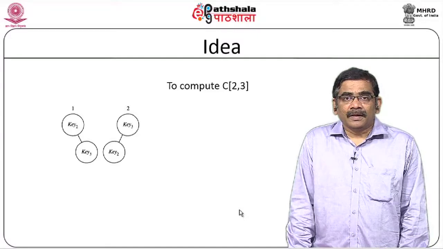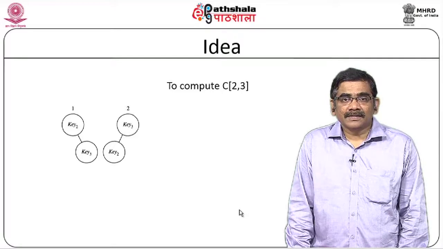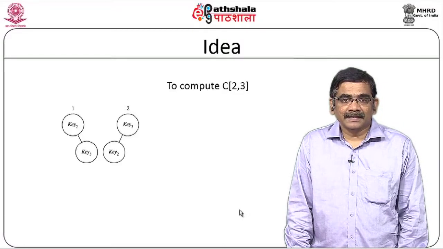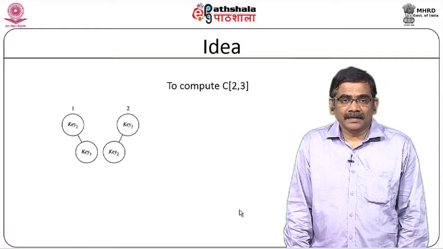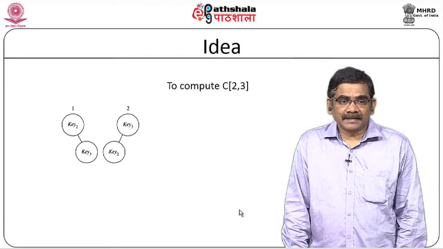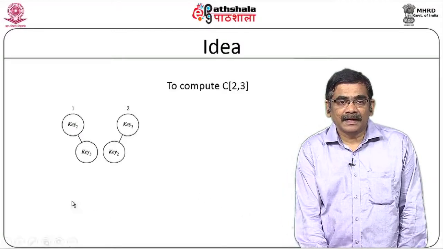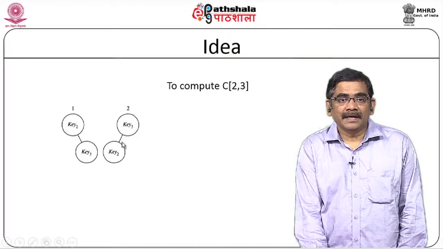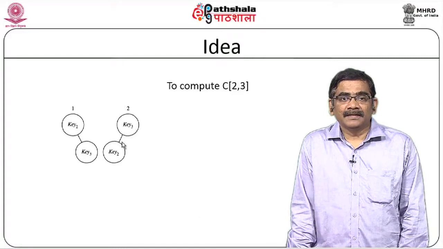Fine. Now, we will take one simple example of how to construct the cost of C of 2 comma 3, where key 2 as well as key 3 is given. There are only two keys, key 2 and key 3. So, what are the possibilities? Two possibilities are there: on the left-hand side you have one possibility and on the right-hand side you have another, sticking to the norms of the binary search tree.